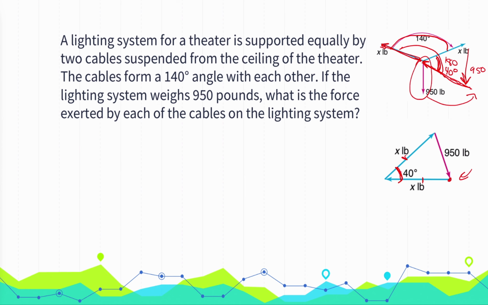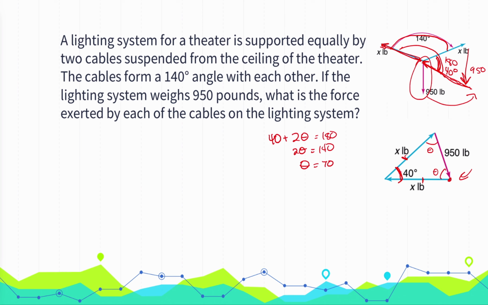And so we know these two angles, let's call them theta, have to be the same because it's an isosceles triangle. So 40 plus 2 theta equals 180 degrees in a triangle, which means that 2 theta equals 140, which means that theta equals 70.